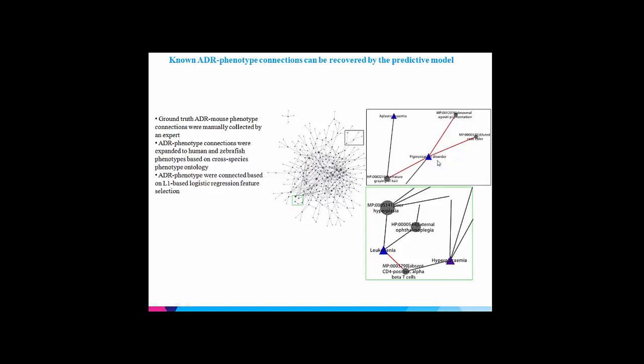For example, here, the pigmentation disorder side effect can be predicted by those 3 mouse or human phenotypes that are related to pigmentation. And also here, leukopenia can be predicted by the mouse phenotype here, the absence of CD4 positive alpha beta T cells.